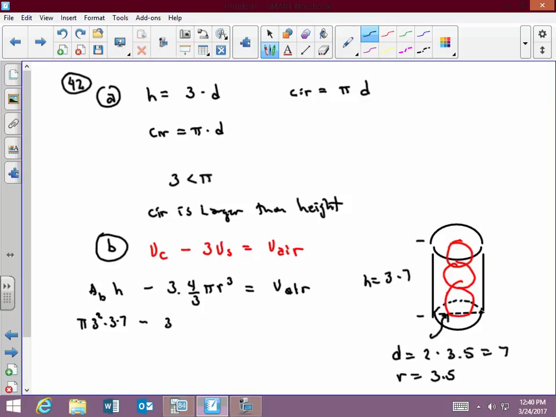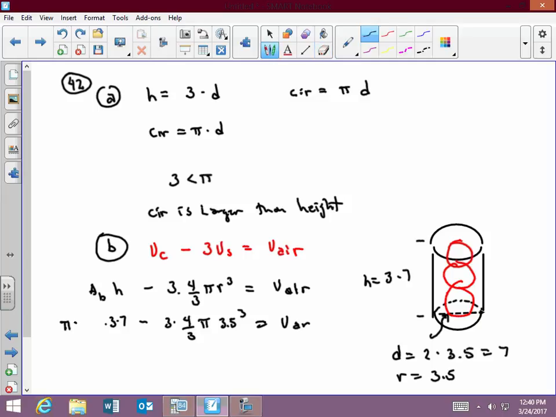This is 3 times 4 thirds pi. And Professor, the first part, pi r squared, you got 3, should it be 3.5? Just wait. Let me finish this and then I'll go back. This is 3.5 cubed. Now, okay, this is wrong right here because the radius. That's what you're saying. Mm-hmm. Pi.